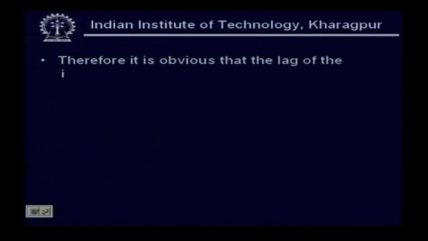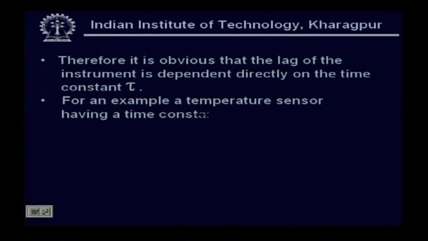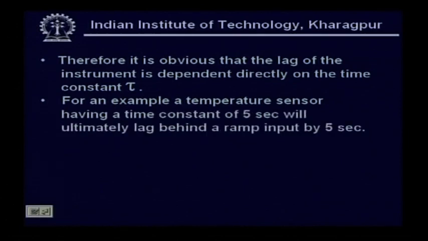Therefore, it is obvious that the lag of the instrument depends directly on the time constant tau. For example, a temperature sensor having a time constant of 5 seconds will ultimately lag behind a ramp input by 5 seconds. Initially the lag will be small, but after some time the lag will reach its steady state value of 5 seconds. So, whatever the time constant of the system, our lag will also be the same.